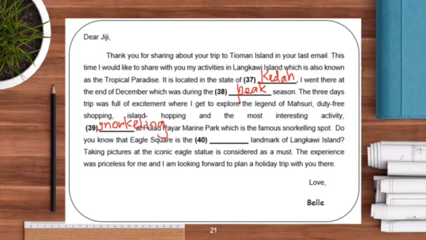Interesting activity, snorkeling at Pulau Paya Marine Park, which is the famous snorkeling spot. The word snorkeling spot here is actually a hint for you for the activity here. Do you know that Eagle Square is the... the answer should be significant.